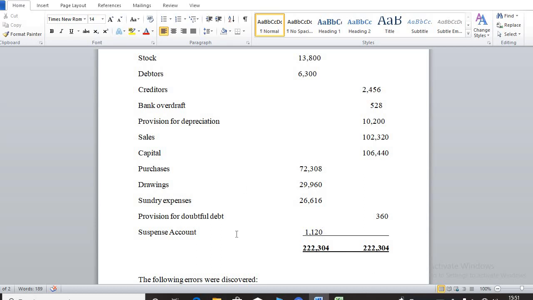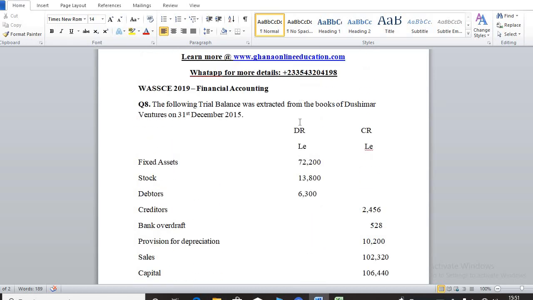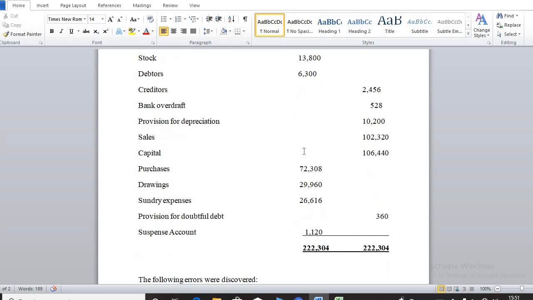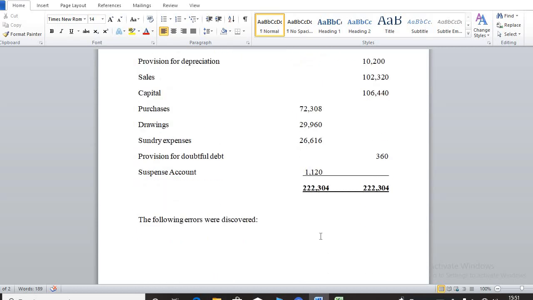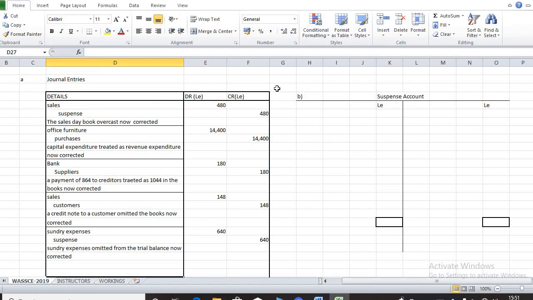So you have to post this to the suspense account at the side at which you see it in the trial balance. Here, you see it at the debit side of the trial balance, so in posting to the suspense account, it will be at the debit side.